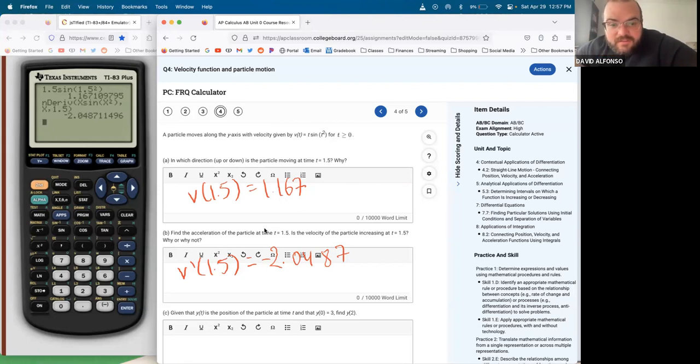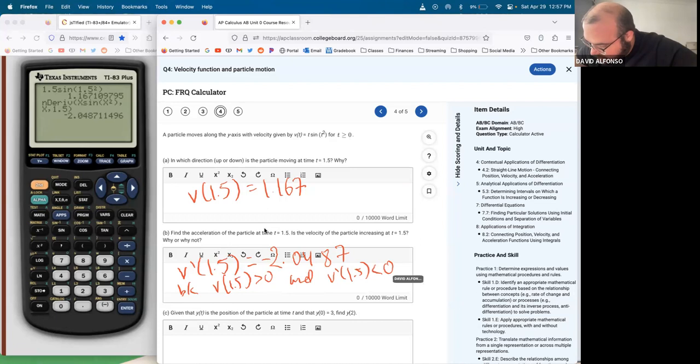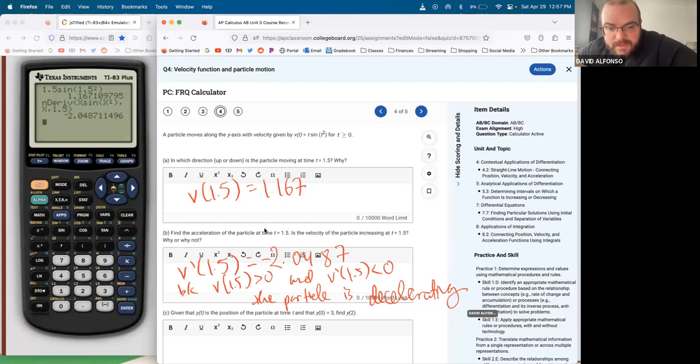So I'd say because v of 1.5 is greater than 0 and v prime of 1.5 is less than 0, the particle is decelerating. I don't know if I spelled that correctly, but that's the concept.